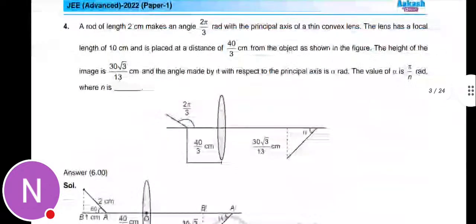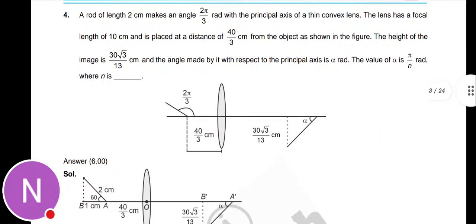Okay. Now question number 4. Here they are given a rod of length 2 centimeter that makes an angle 2π/3 radians with the principal axis of a thin convex lens. The lens has a focal length of 10 centimeter and is placed at a distance of 40/3 centimeter from the object, as shown in the figure.